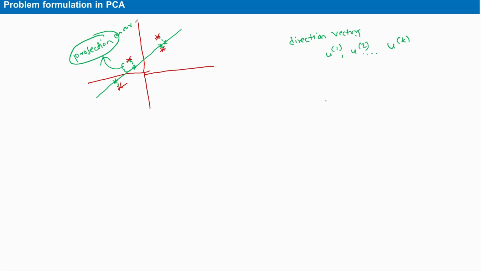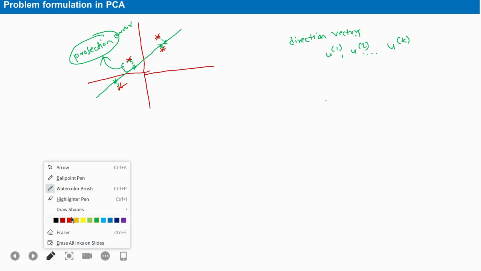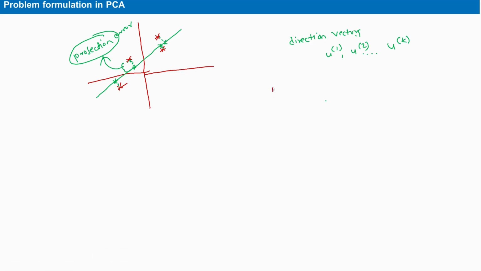So when your data set has n features, and you want to reduce these n features to k features, then your PCA needs to create k direction vectors, u1 to uk.